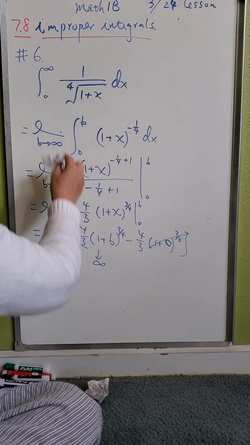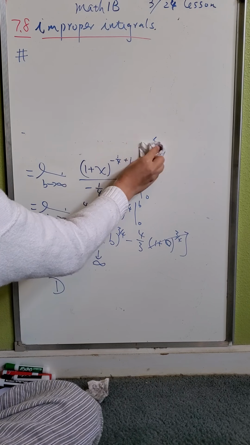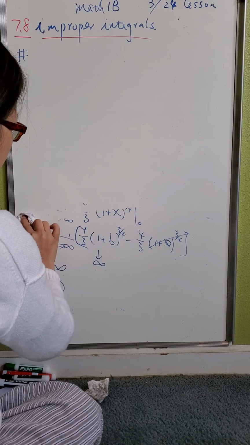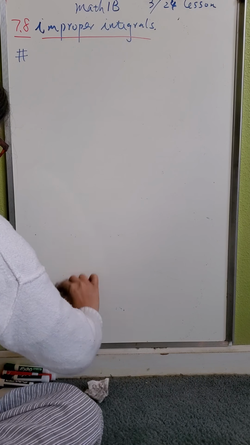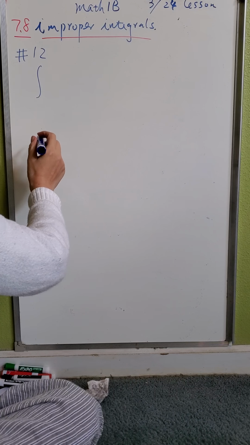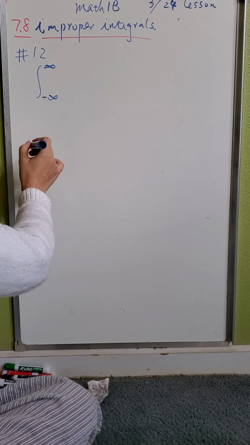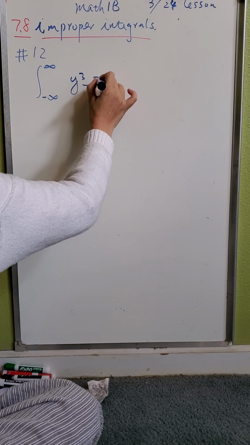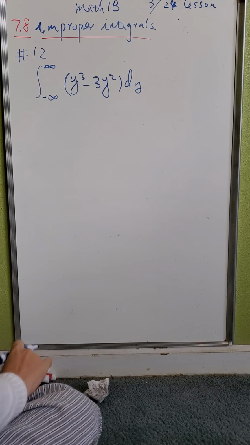Let's try number 12. We have the integral from negative infinity to positive infinity of y cubed minus 3y squared dy.